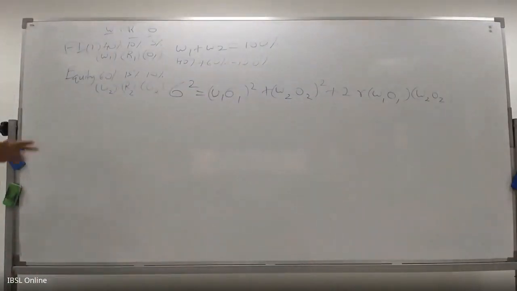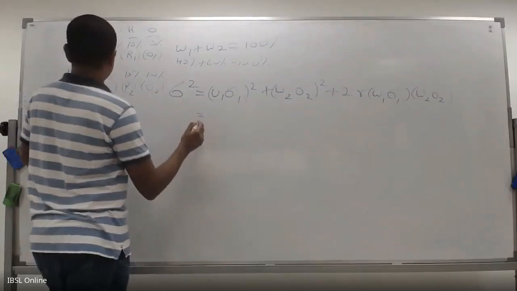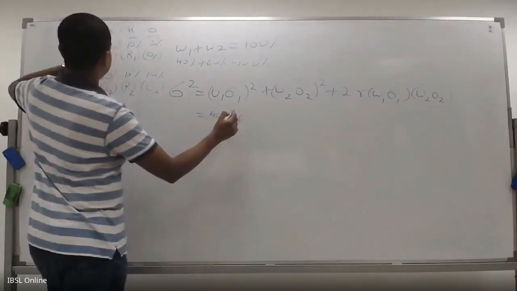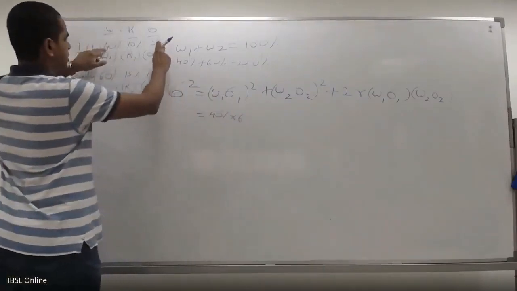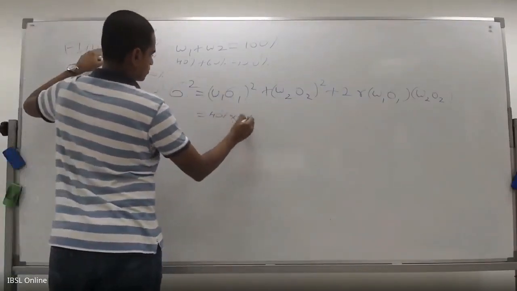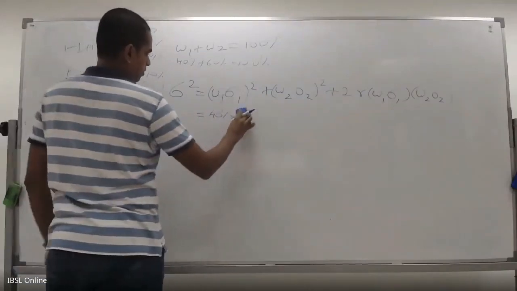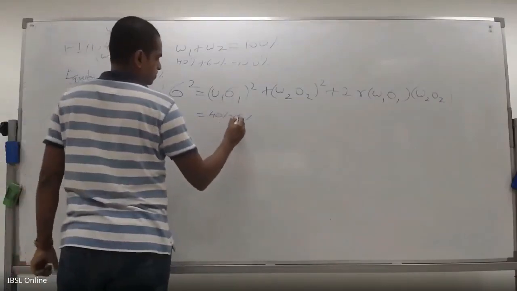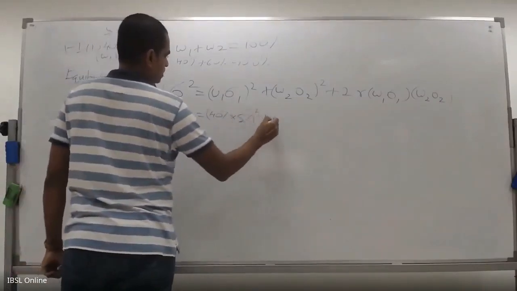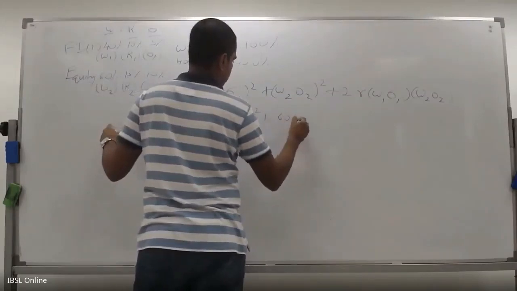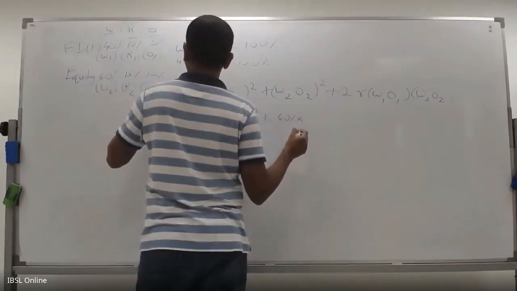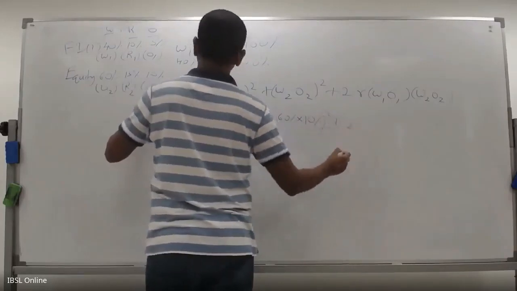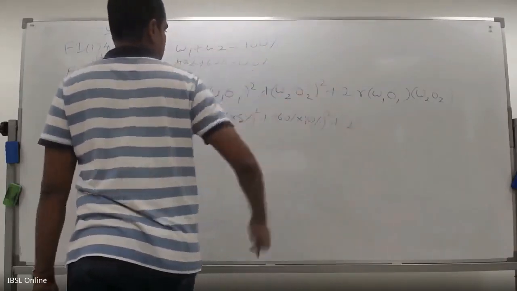Okay. So W1 sigma 1 is 40% into sigma 1, 40% into 5%, squared, plus 60% into 10%, squared, plus 2 R W1 sigma 1 W2 sigma 2, where R is the correlation between these two.